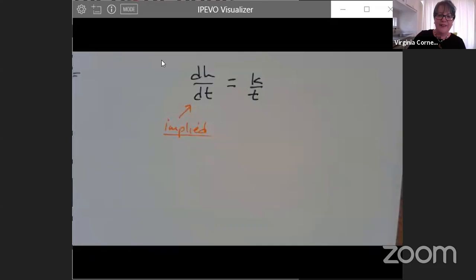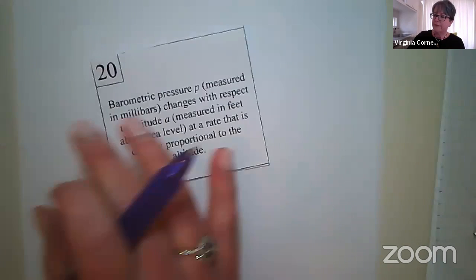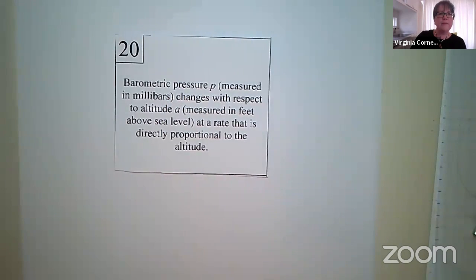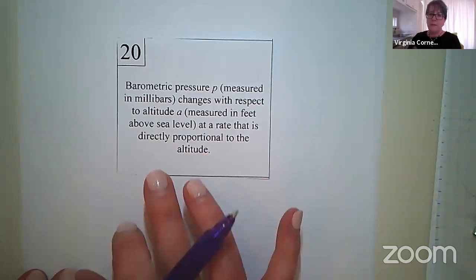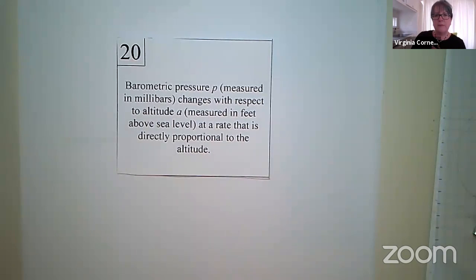All right, let me go ahead and share this last one here. This one says, number 20, barometric pressure P measured in millibars changes with respect to altitude A measured in feet above sea level at a rate that is directly proportional to the altitude.